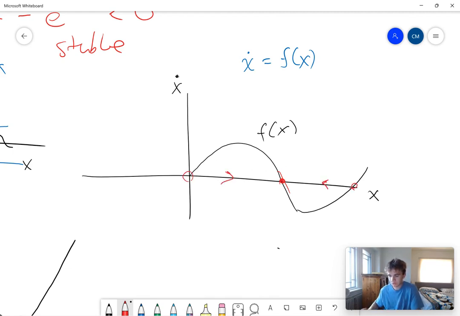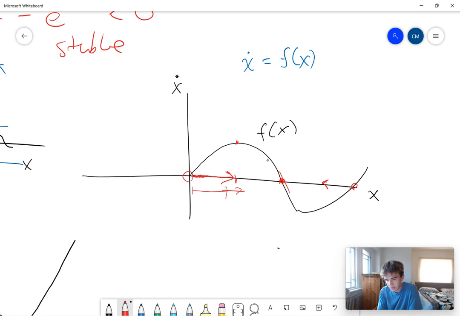But we can also say things about the speed of the flow, okay? So notice how the speed is actually accelerating as it moves away from this fixed point. And then once it reaches this peak of the f of x, it's going to be at its maximum velocity, okay? So the fluid flow is fastest at this point, which means that it's accelerating in this region, and then it's going to decelerate down to the fixed point, okay?